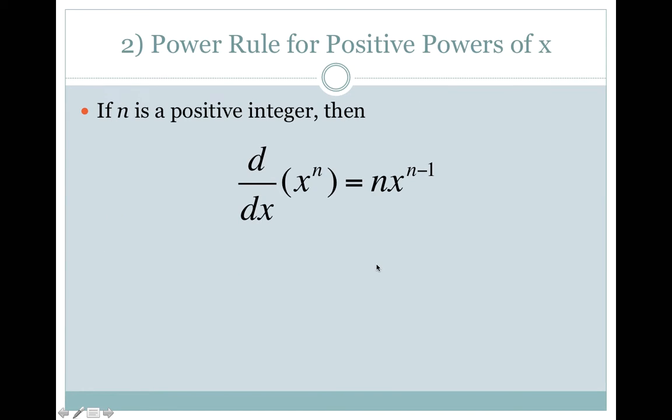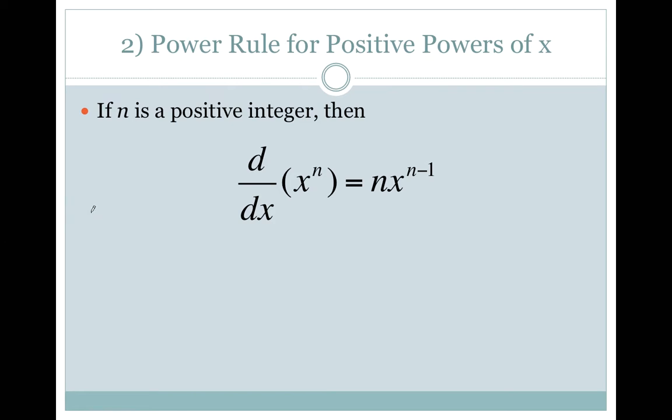Second one. This is one of the best rules ever. This is the power rule for positive powers of x. If n is some positive integer or some positive number, then the derivative of x to the n is equal to n times x to the n minus 1.